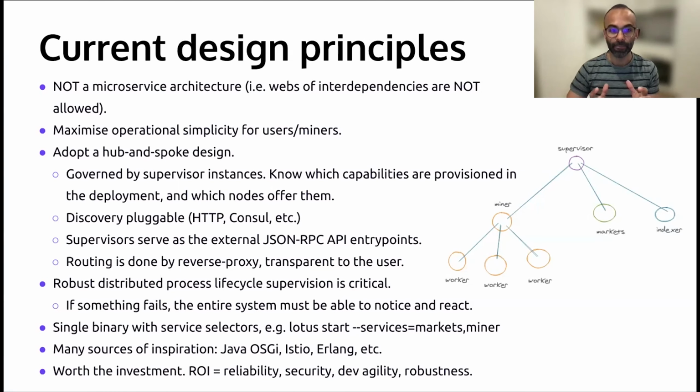So there would be a way for nodes to be discoverable or to be explicitly registered with those supervisors. And once you have this level of insight into the network, the supervisors themselves can serve as the external JSON RPC API entry points.